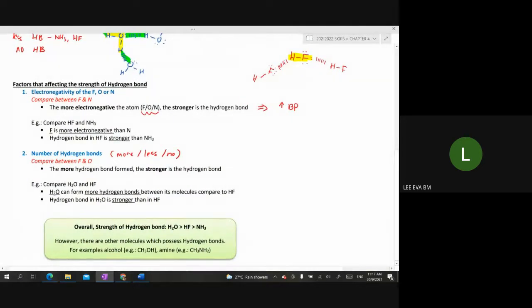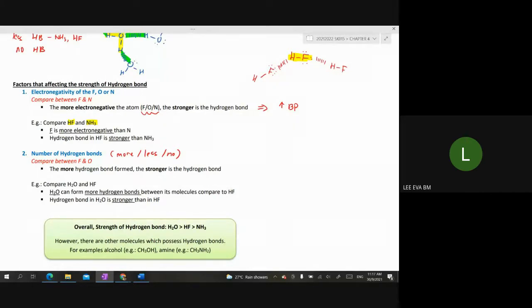So electronegativity, if you compare HF, I go back a little bit. So comparing between HF and NH3, both HF and NH3 have hydrogen bonds. So we are comparing the electronegativity between fluorine and nitrogen.